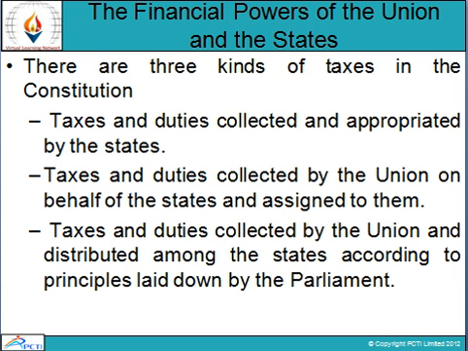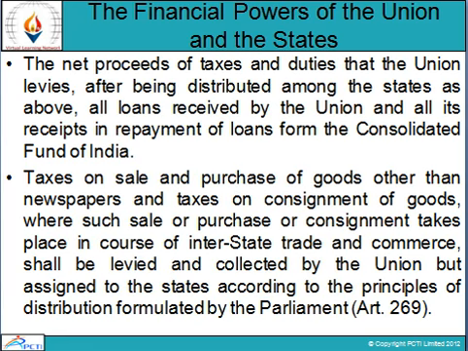Number 3, taxes and duties collected by the union and distributed among the states according to the principle laid down by the Parliament. The net proceeds of taxes and duties that the union levies, after being distributed among the states as above, all loans received by the union and all its recipients in repayment of loans go to the Consolidated Fund of India.